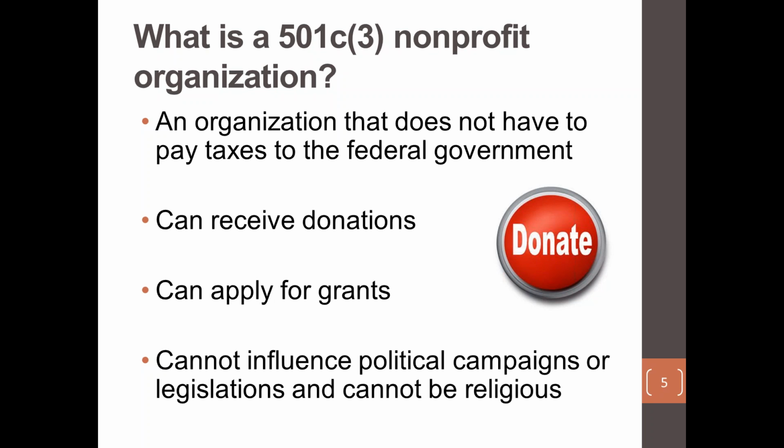So if you're a nonprofit organization that works with people with intellectual and developmental disabilities, and there are certain laws or issues that are important to that community, then you can go and speak with your representatives and let them know what's important to people with disabilities.